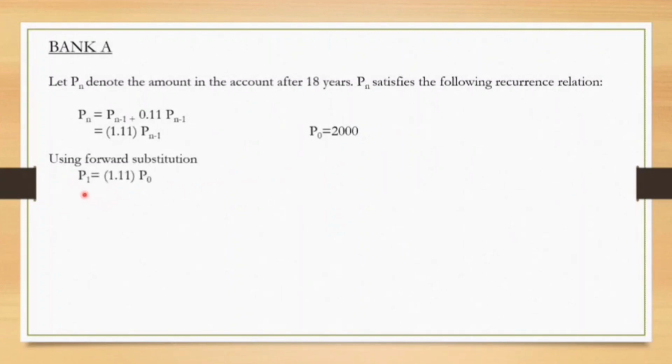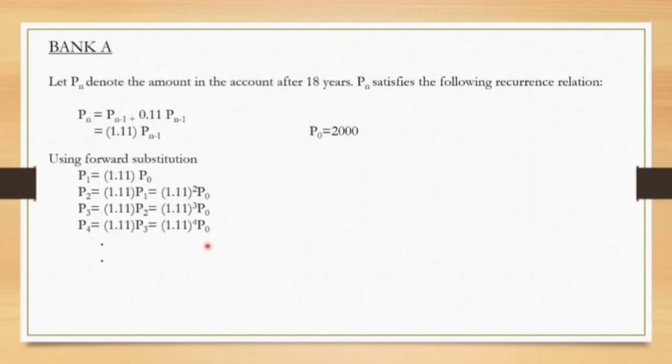Firstly, P1 is equal to 1.11 times P0. P2 is 1.11 times P1, which equals 1.11 squared times P0. P3 is 1.11 times P2, which equals 1.11 cubed times P0. P4 is equal to 1.11 times P3, which equals 1.11 to the power of 4 times P0.